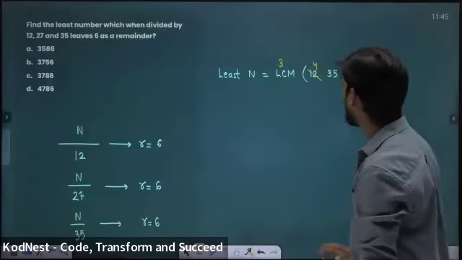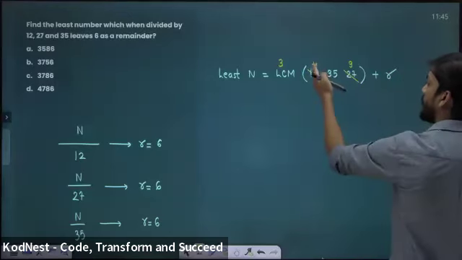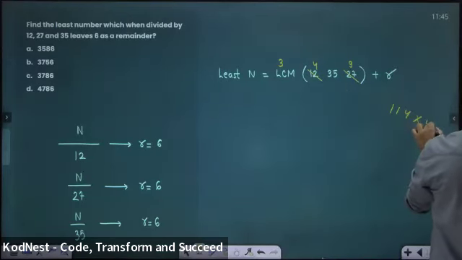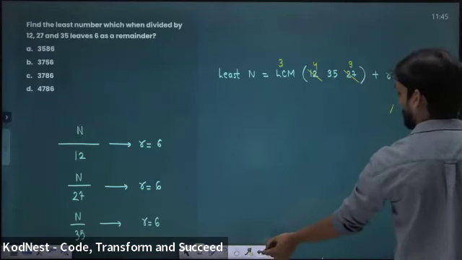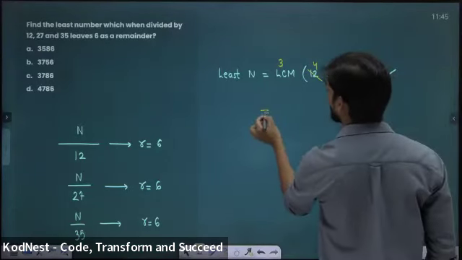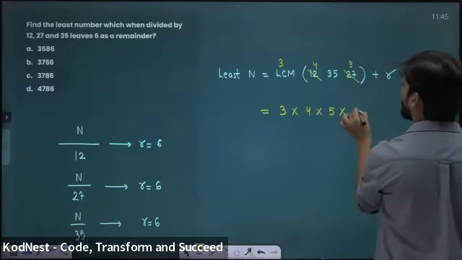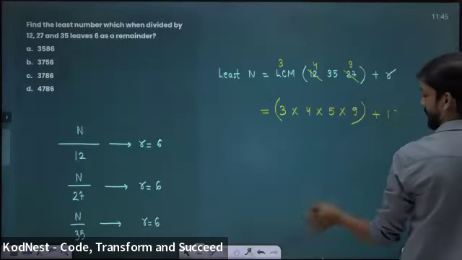So now we have to multiply. So 35 into 4 will be 140. 140 into 9 into 3. This is what we have to do. Let me write here first. 3 into 4 into 5 into 9. This is your LCM plus remainder. Remainder is 6.